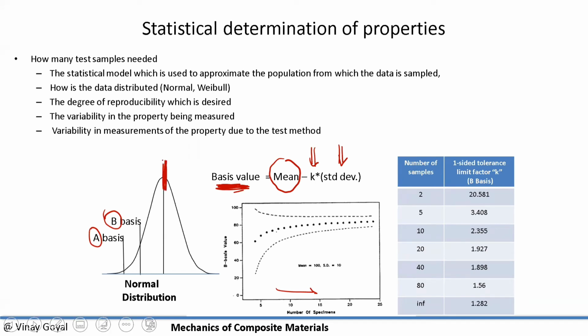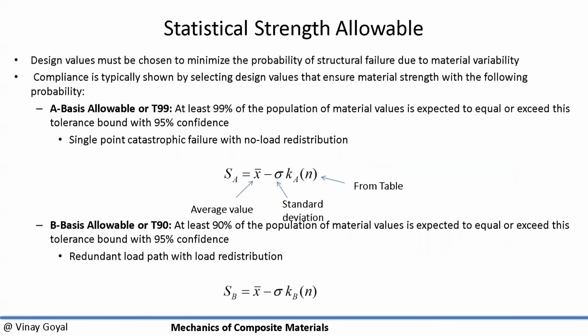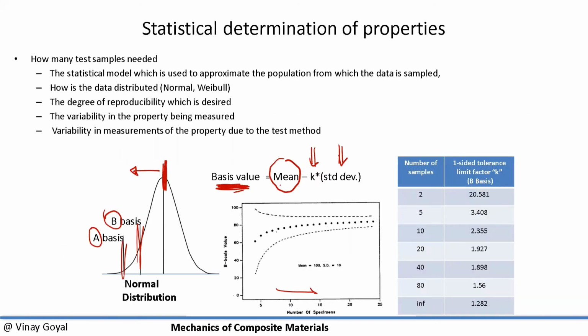What if I have material points in a structure that behave more like a lower value than the average strength? That'll be a problem. So I have to design to some statistical value. That statistical value that I'm calling A basis or B basis is going to be equal to the average minus some factor times the standard deviation. So that's the important point to really understand.